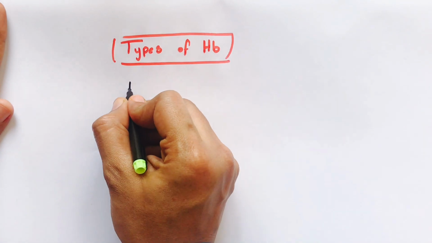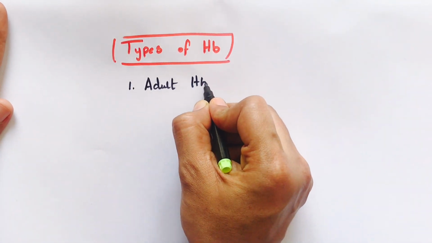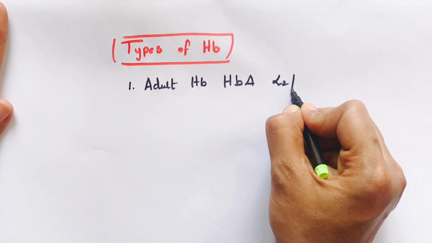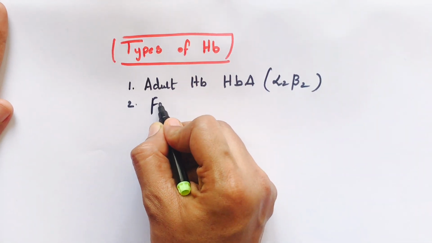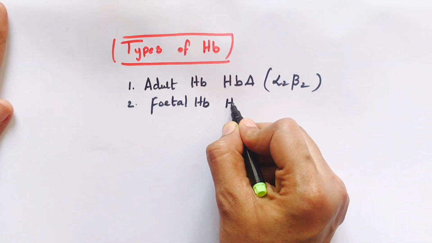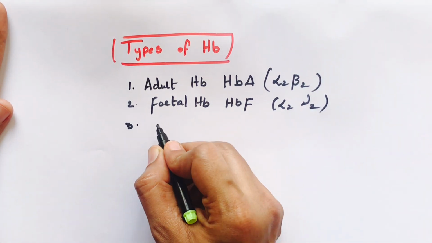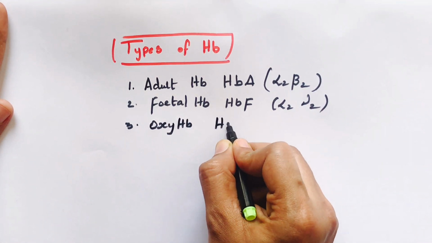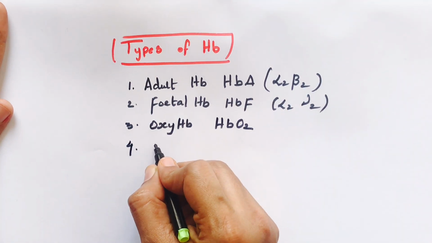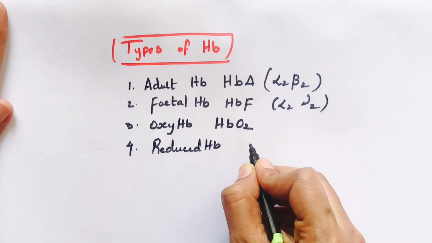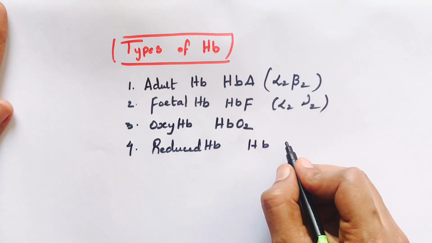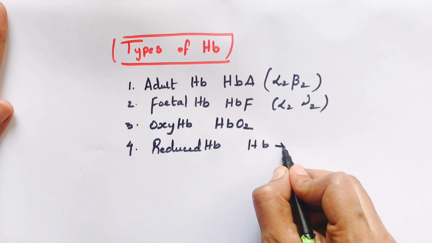So what are the types of hemoglobin? They are adult hemoglobin, which is HbA, fetal hemoglobin HbF, oxyhemoglobin HbO2, reduced hemoglobin, where the oxygen is removed in the blood.